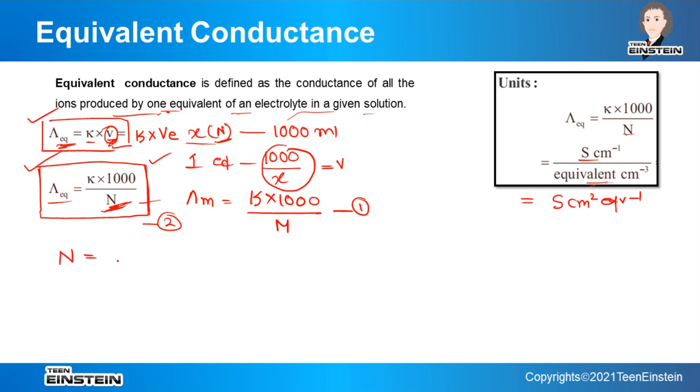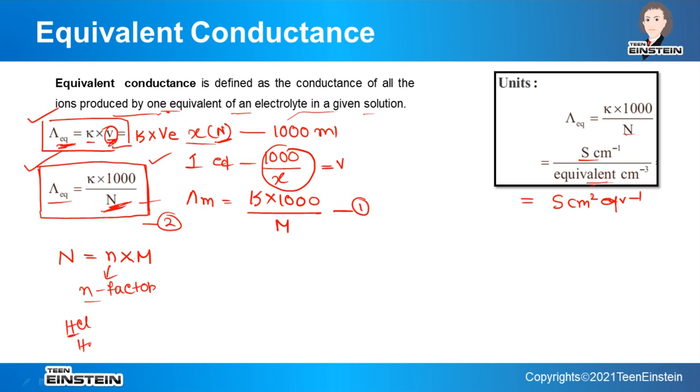N is equal to n into M. So what does it mean? Here n is the n factor. And n factor means, if it is an acid or base, then directly you can consider the acidity or basicity. So if it is HCl, its basicity is simply 1 because you are getting only one replaceable hydrogen.